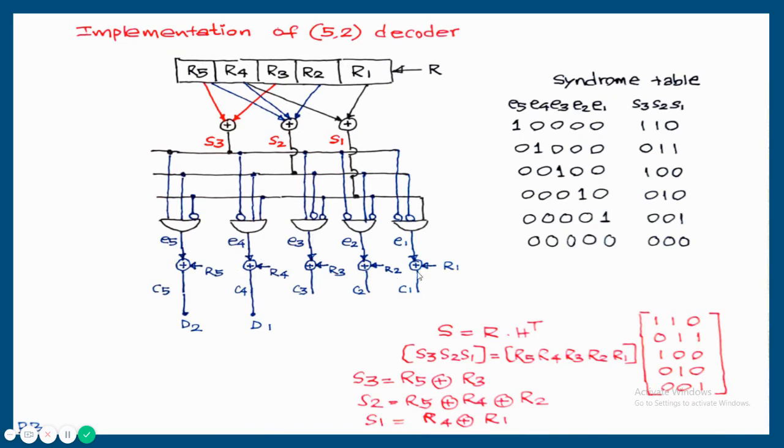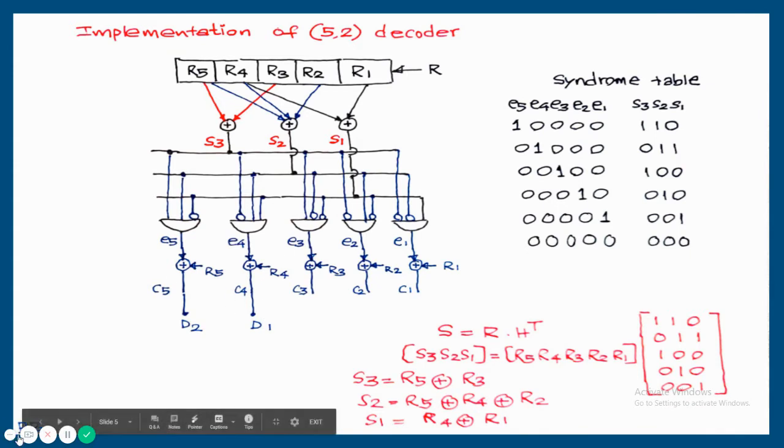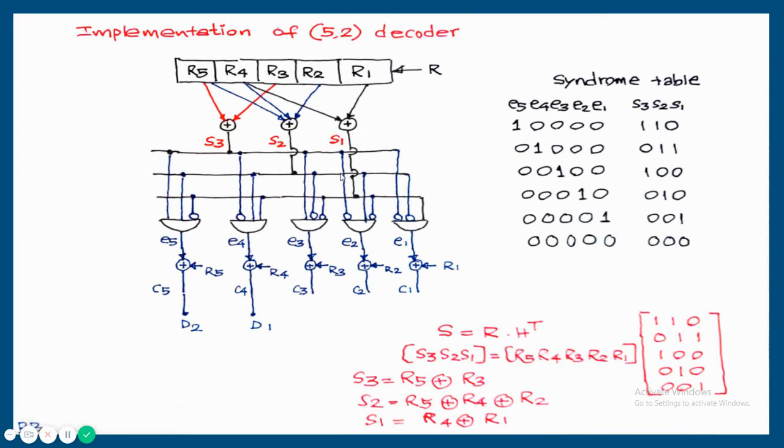Error pattern XOR with the received code, output will be corrected code. Out of this 5 bit corrected code, the leftmost 2 bits are data bits. That's written here, D2, D1. Input R, final output will be D2, D1. That is the data bits. That's the implementation of the 5,2 decoder.